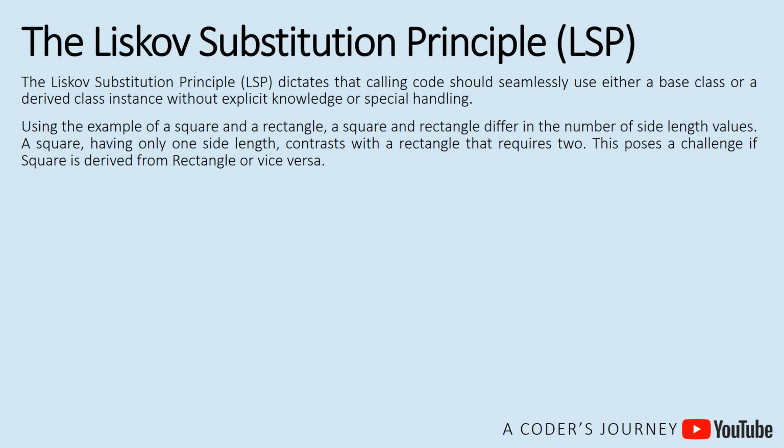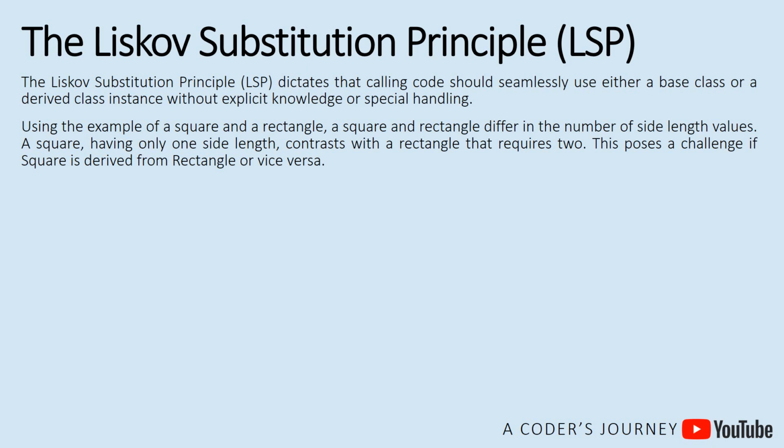For example, I wanted to implement these two classes, and I thought to myself, probably a rectangle should be a square where all the sides have the same length, or a square is probably a rectangle where two of the sides have the same length, the other two have another length. This is a bad idea.